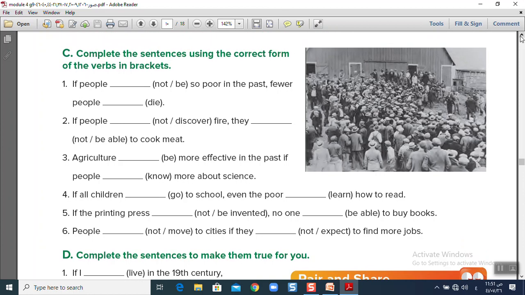Exercise C. Complete the sentences using the correct form of the verbs in the brackets. Okay? If people, of course, if is followed by past perfect. If people hadn't been so poor in the past, fewer people would have died.